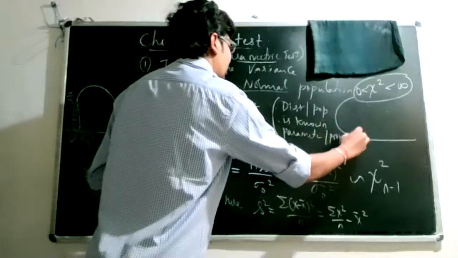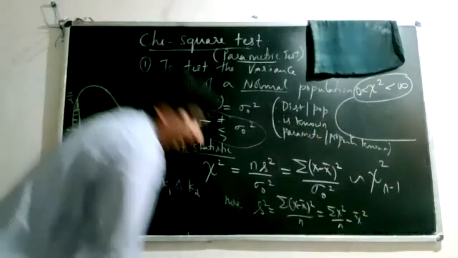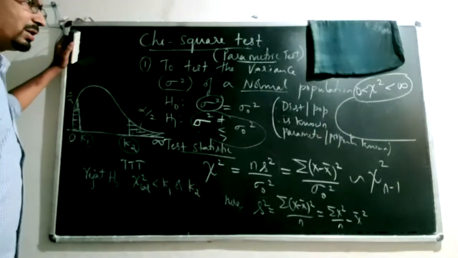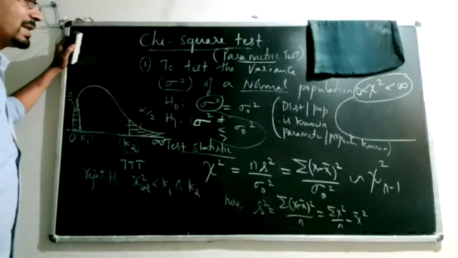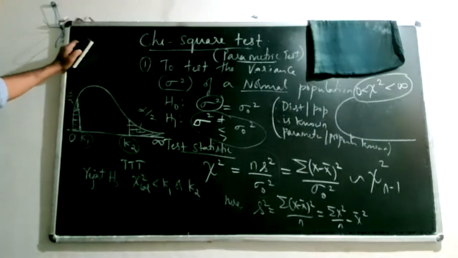So those tests are called parametric tests. So all our Z test for mean, Z test for proportion, T test for mean, T test for population means, and chi-square test for variance are all parametric tests.